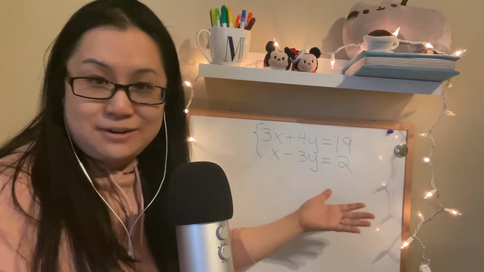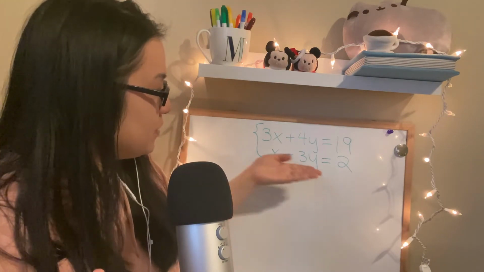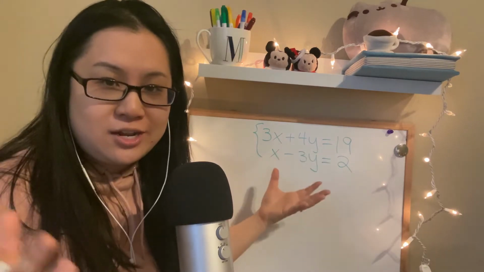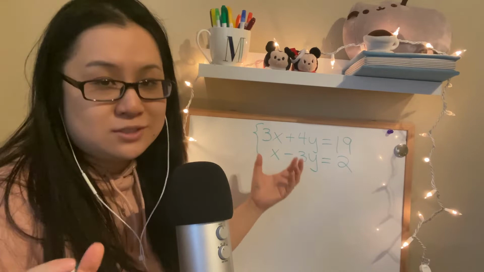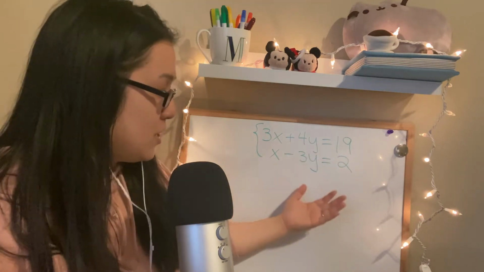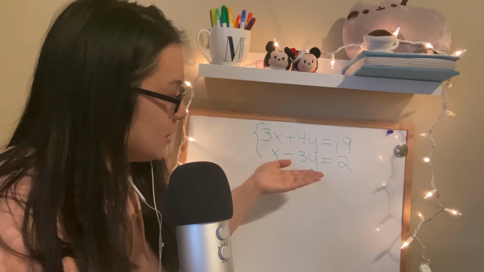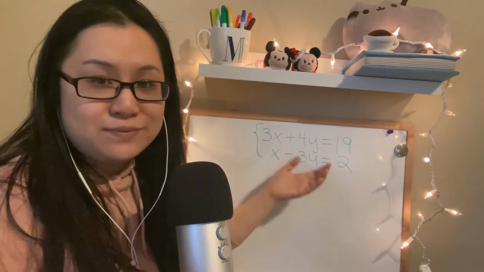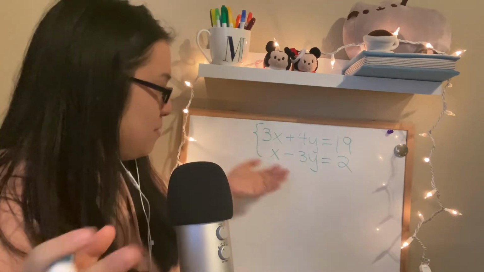Okay, and here we go. Here's the substitution. So this is the big picture idea. Each of these equations gives us a relationship between x and y. Whatever my first value is, minus 3 times my second, should give me 2. That means I can't just arbitrarily pick a number for x.